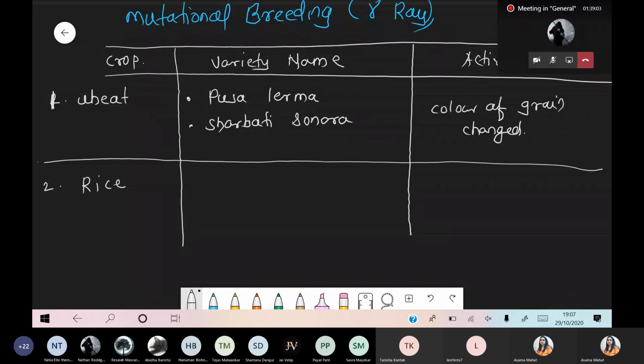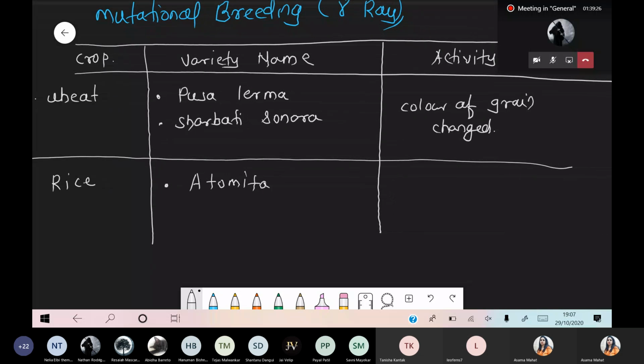In case of this rice also, we produce different varieties. Number one, by using the gamma rays, the production of one variety, that is Atomita. This Atomita variety is basically resistant to bacterial blight as well as resistant to brown leaf hopper. So we are talking about the properties they produce.